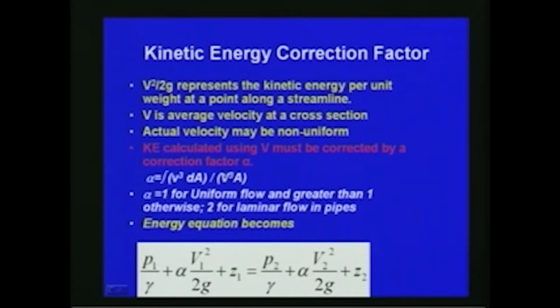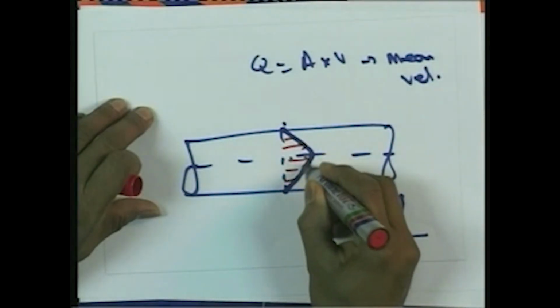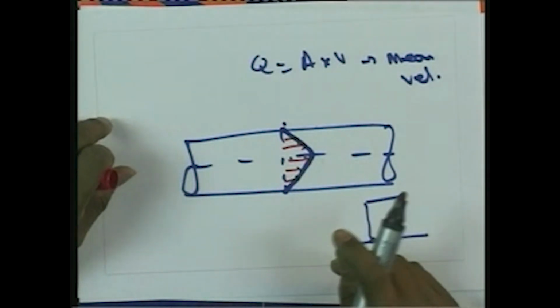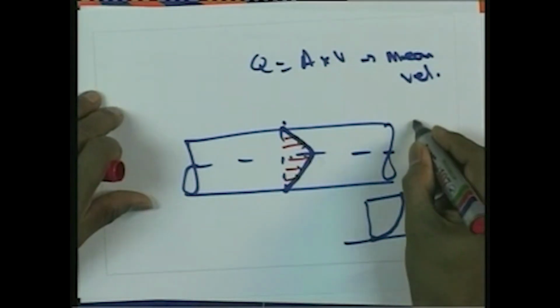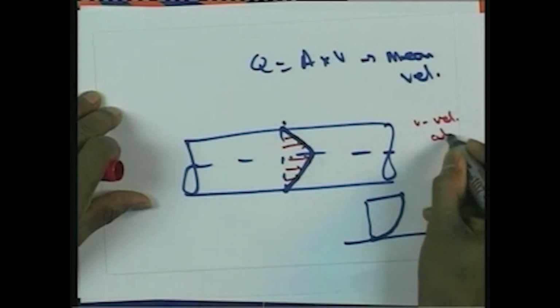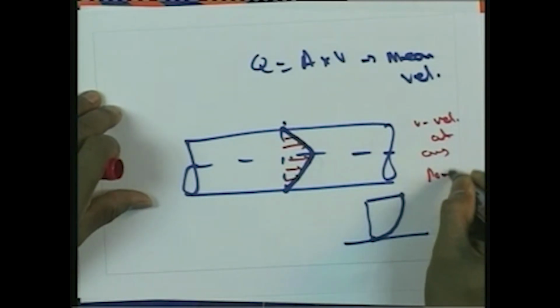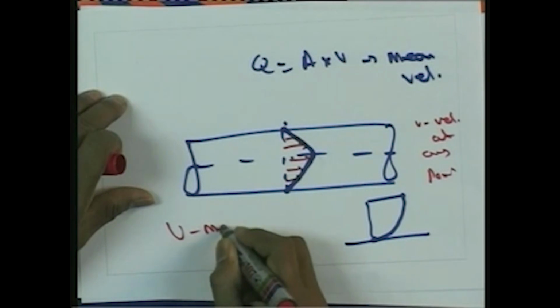With respect to the mean velocity and the continuity equation, we can derive that alpha is equal to integral v cube dA divided by capital V cube A, where small v is the varying velocity. Here you can see that the velocity is varying. Various sections can be considered like this, and it is the integral of v cube. Small v is the velocity at any point, and capital V is the mean flow velocity.